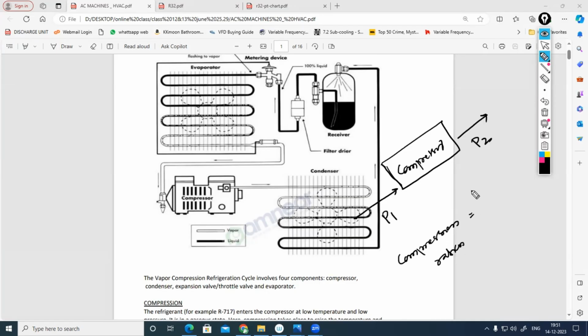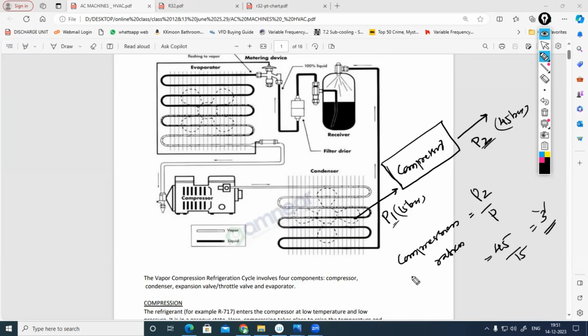Compression ratio is P2 by P1. For example, if P2, the delivery, is 45 bar and suction is 15 bar, then 45 by 15, you will get 3. That is your compression ratio. The compression ratio value is always higher than unity, higher than 1, because the compressor delivery pressure is always higher than suction.